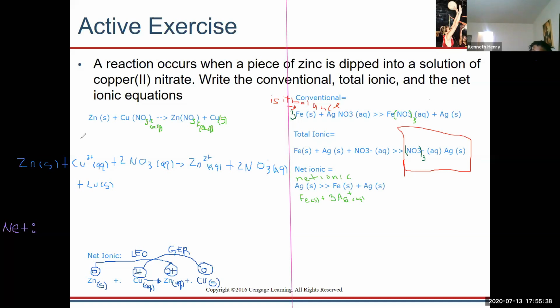Let's see. Okay. All right, Zinc guys did a good job. Good job, Zinc.